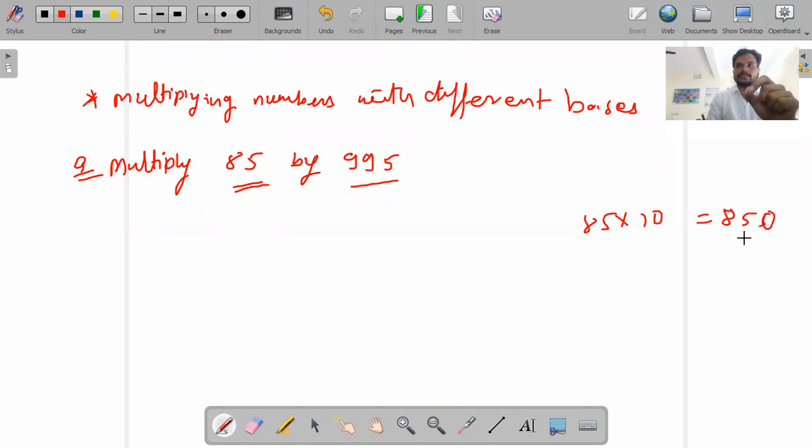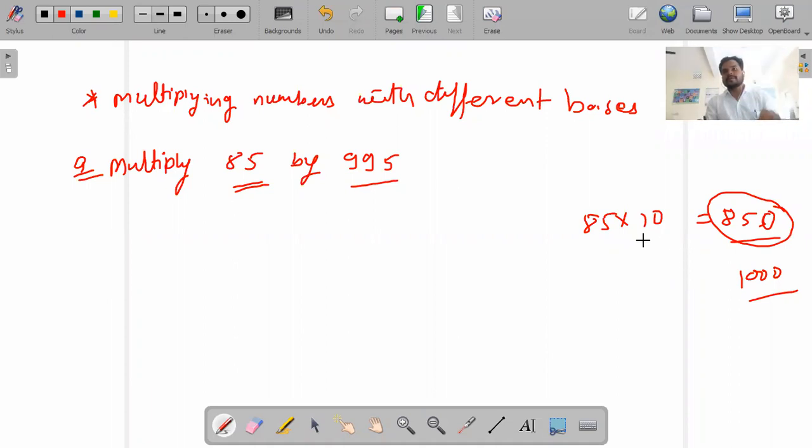Now this 850 is near to 1000, and this 995 is also near to 1000. So I can multiply these two numbers, 850 with 995, and I can divide the obtained answer by 10. What I am doing here is multiplying and dividing.